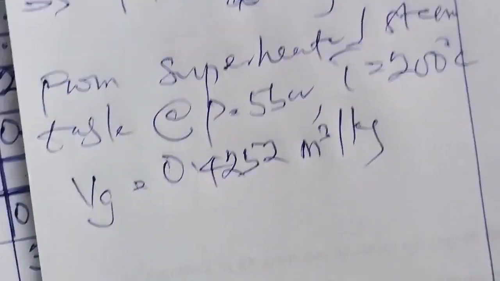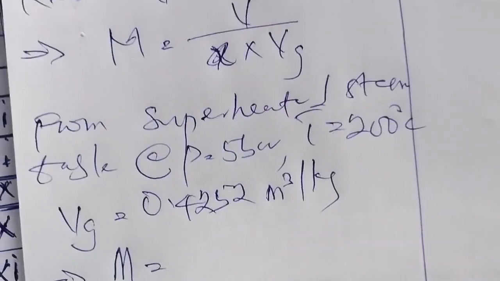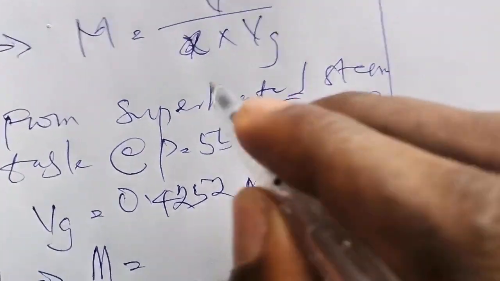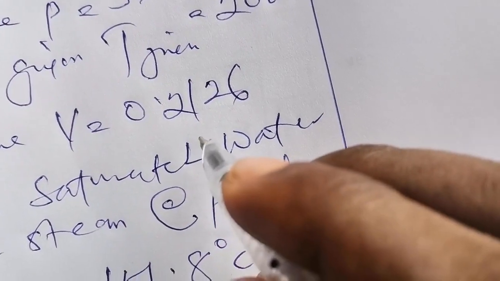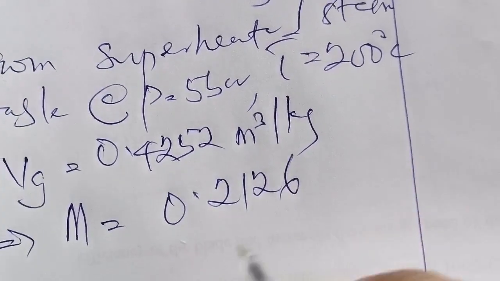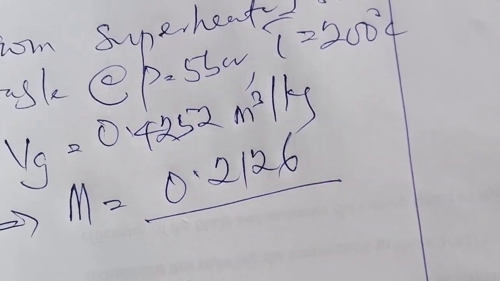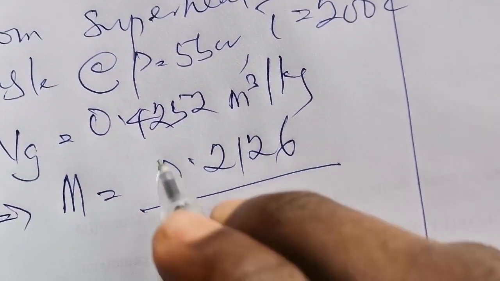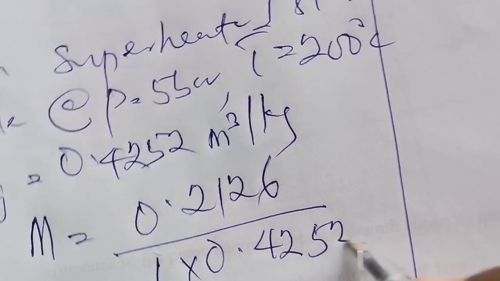Therefore, mass is equal to total volume V divided by X times Vg. Total volume was given to us as 0.2126, dryness fraction for superheated steam is 1, and Vg is 0.4252.